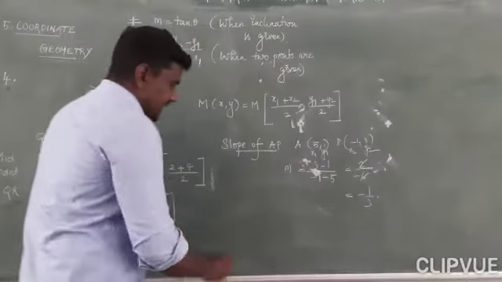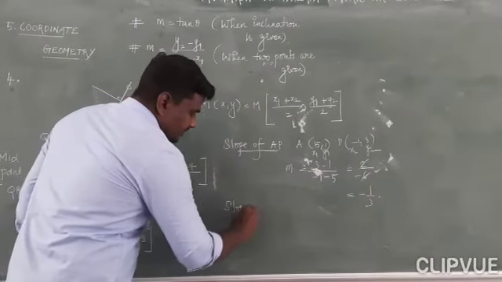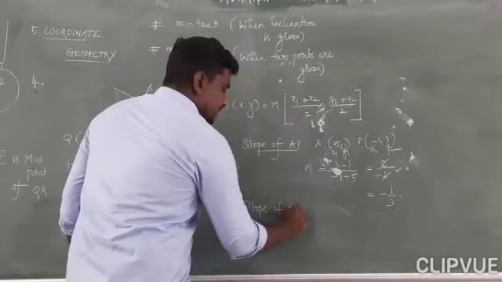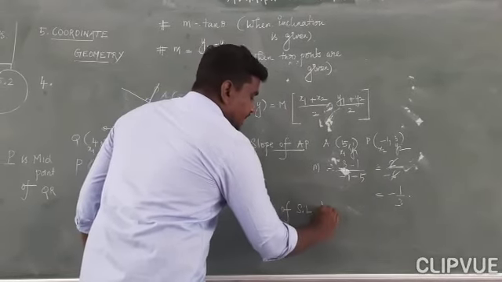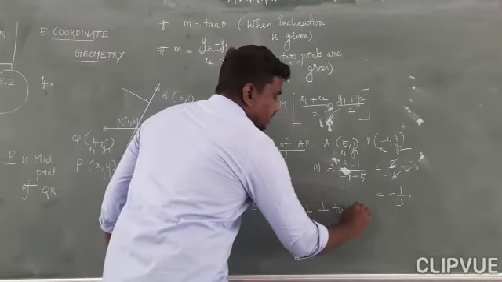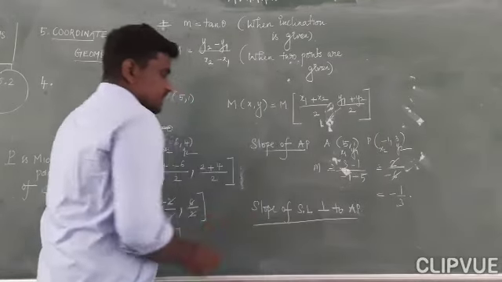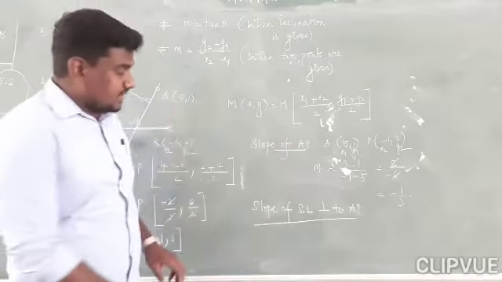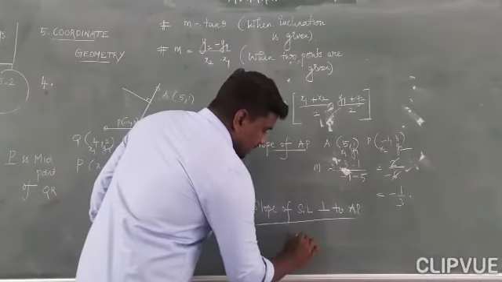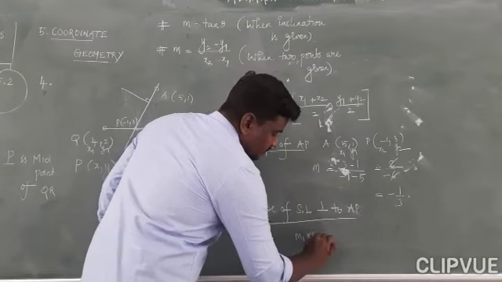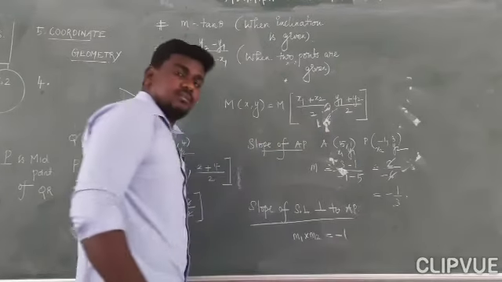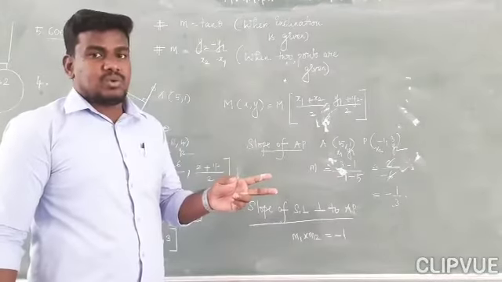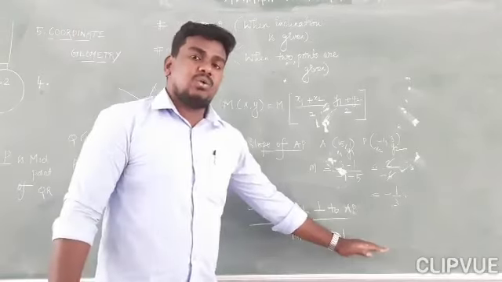Actually they are asking to find the slope of the straight line perpendicular to AP. You know the perpendicular condition: m1 into m2 is equal to minus 1. If two straight lines are perpendicular to each other, their product is equal to minus 1.